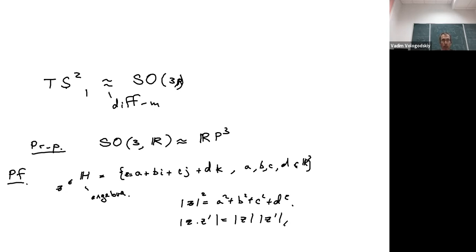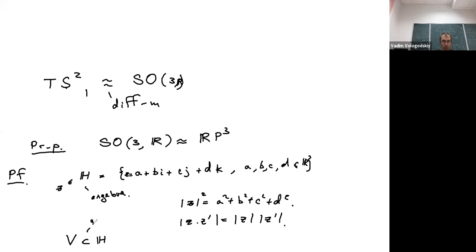So now we are very close to, well, at least I can explain the idea of the proof. So let's consider, inside the space of quaternions, a linear subspace V given by an equation which consists of imaginary quaternions.